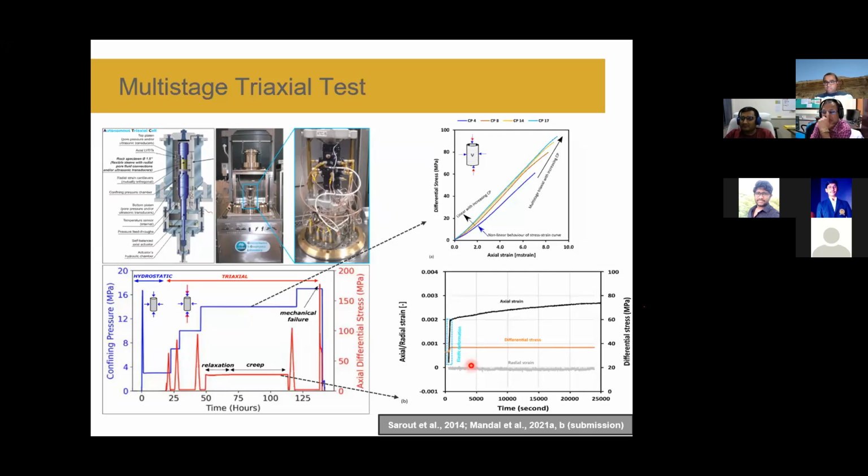Whatever creep component you get, there is not much difference. So we accommodated our time frame and literature data and came up with 6 hours as the optimum measuring time, because it's already a multi-stage test, and on top of it you need to do creep for 6 hour duration. So it's like 6-7 months of total experimental time.